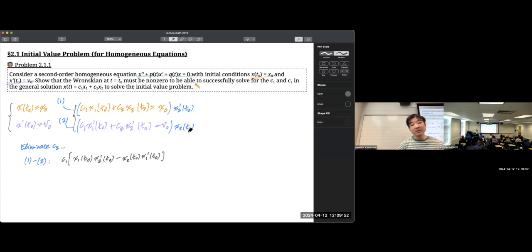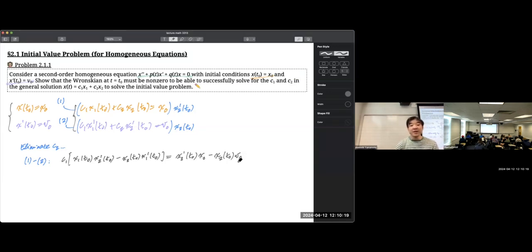This multiplied to this term and this multiplied to this C2 term will both be the same. When you subtract them, those will go away. We did that by design. Then you just have x2 prime(t naught) times x naught minus x2(t naught) times the v naught.